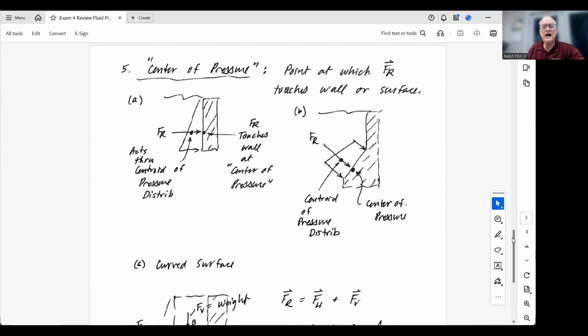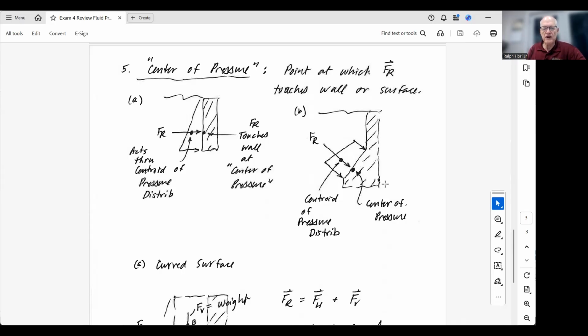Center of pressure is a concept that sometimes is on exams just as a conceptual question. So the center of pressure is kind of a theoretical construct. It's basically the point at which the FR vector touches the wall. If you have a triangle, that point is basically in line with the centroid.